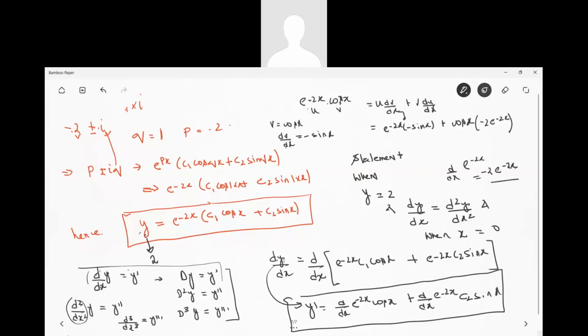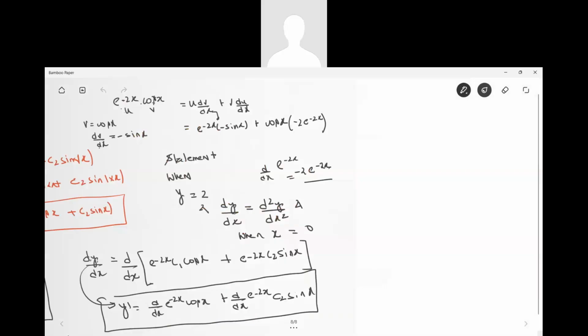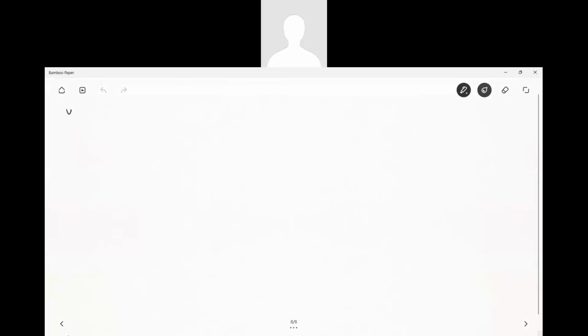So once I did this y dash, what I got is e power minus 2x. You just carefully look and see here. I'll take to the next slide. Here, I got y is equal to e power minus 2x, C1 cos of x plus C2 sin of x.